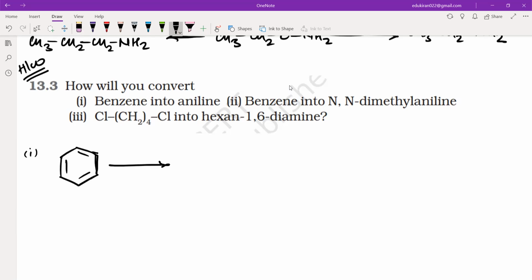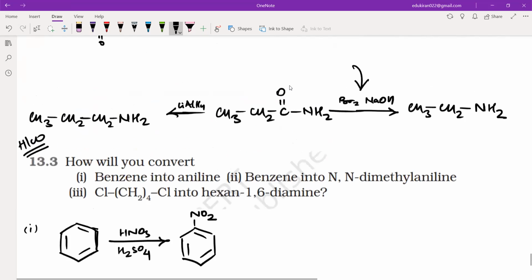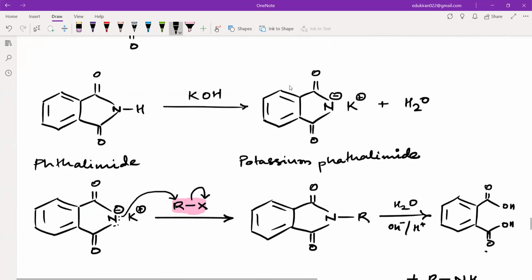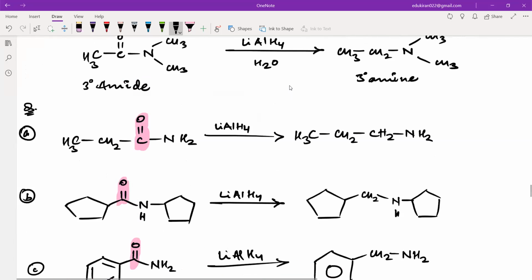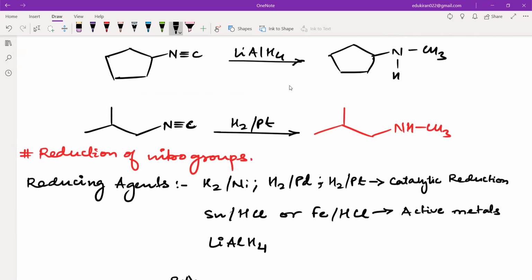So for benzene, first we will do nitration. That means concentrated HNO3 in the presence of concentrated H2SO4. Then I will be getting NO2 group attached in the benzene ring. And yesterday we studied how to convert NO2 into NH2, reduction of nitro groups, right?